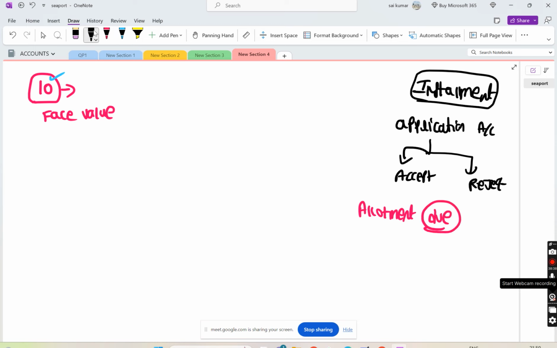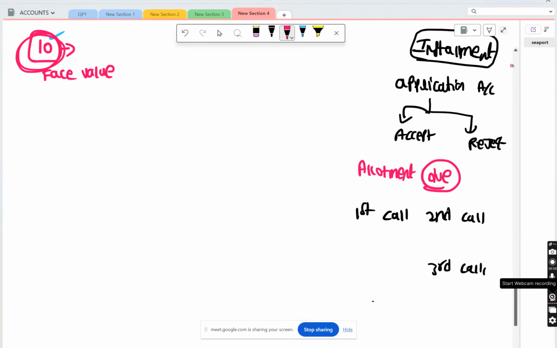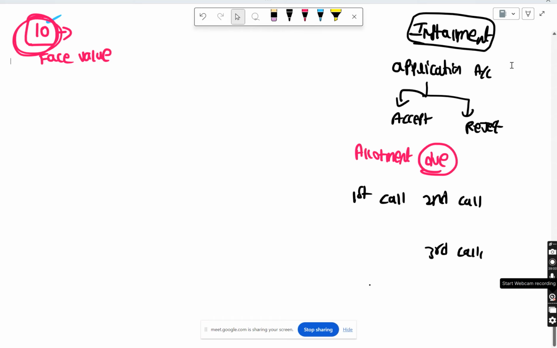After that, whenever the company requires, we make calls, like first semester, second semester, third semester in college: first call, second call, third call, any number of calls. So this 10 rupees is collected in various installments, and every installment has a name.